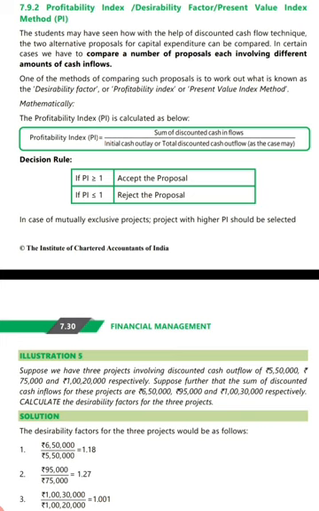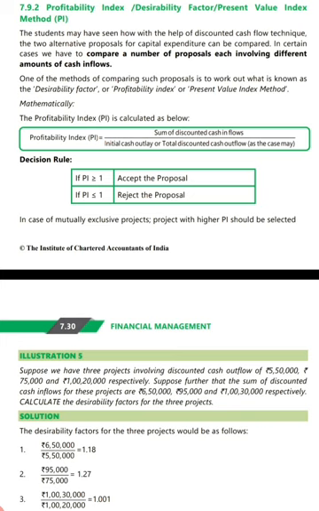So here the decision criteria is when to accept the project and when to reject the project. If the profitability index is more than 1, go ahead and accept the project. If the profitability index is less than 1, reject the project. In case of mutually exclusive projects, the one with higher PI should be selected.